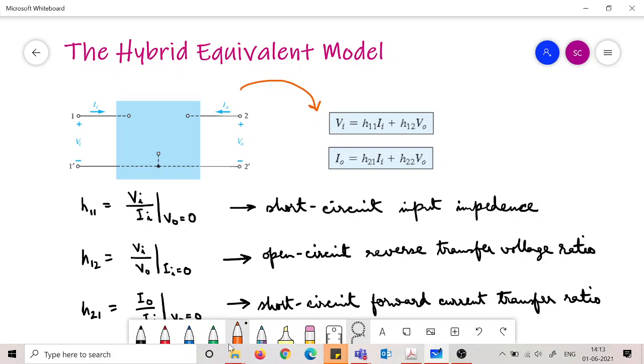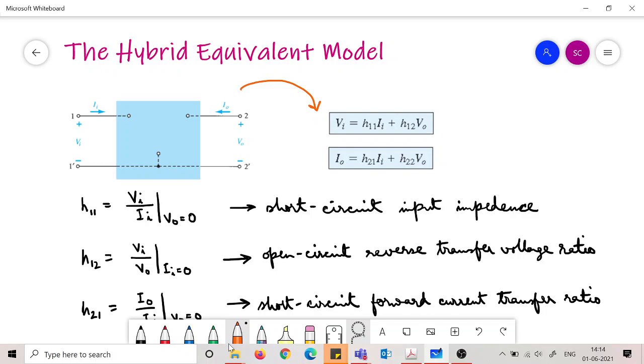It is very simple to understand why they are named like this. One thing you have to remember, the first independent variable is Ii and the second one is V0. It is not the other way. So H11 is associated with Ii, then H12 is associated with V0.